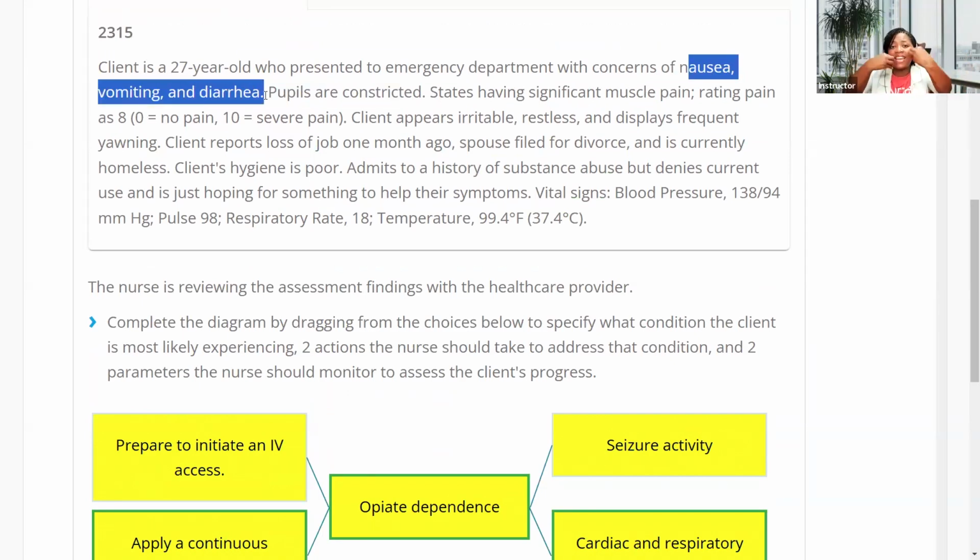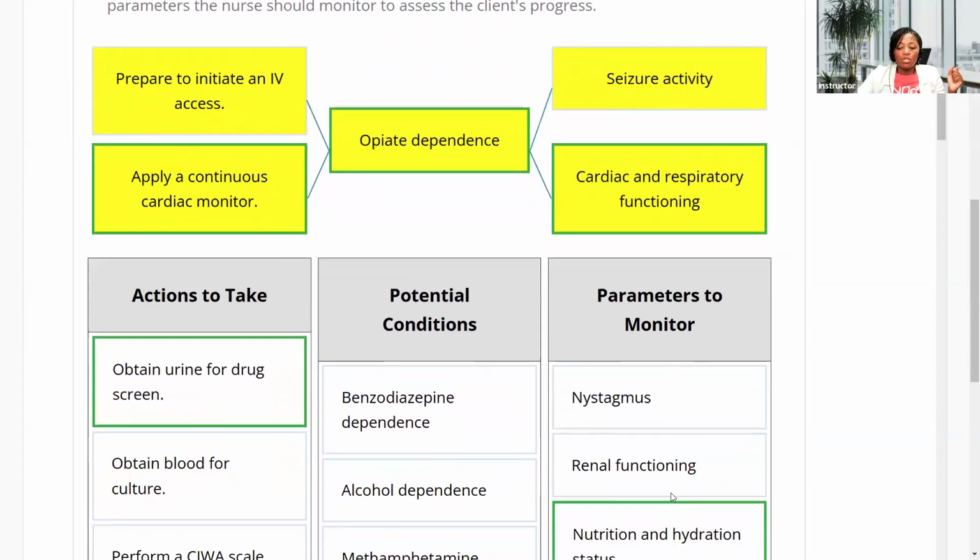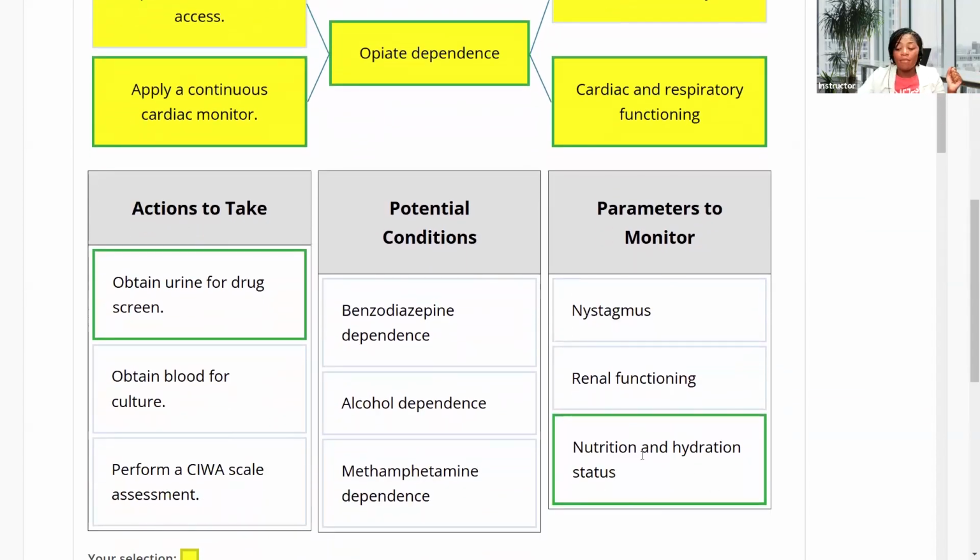That's going to affect their nutritional intake. And if you've got diarrhea, that's likely to affect your electrolytes. You're losing volume in both directions, vomit and diarrhea. So we would naturally want to monitor that.